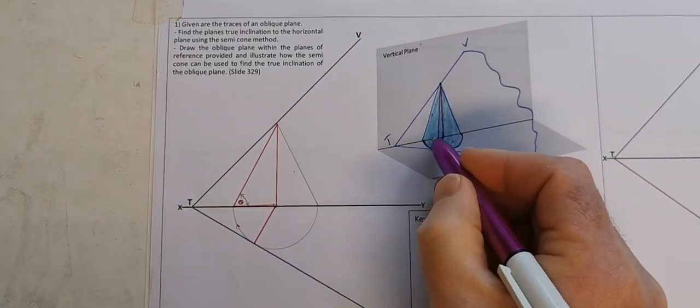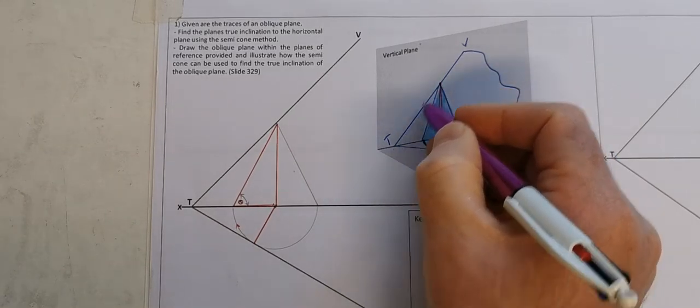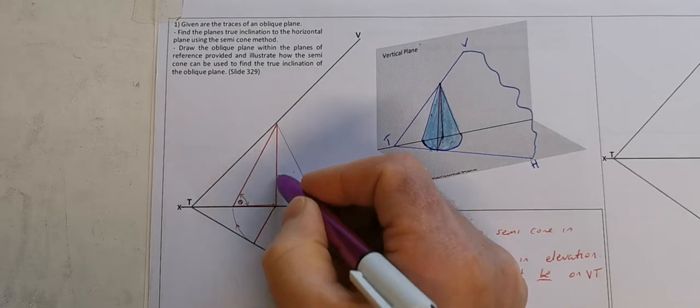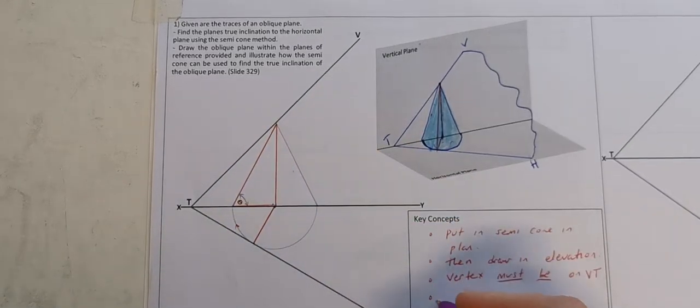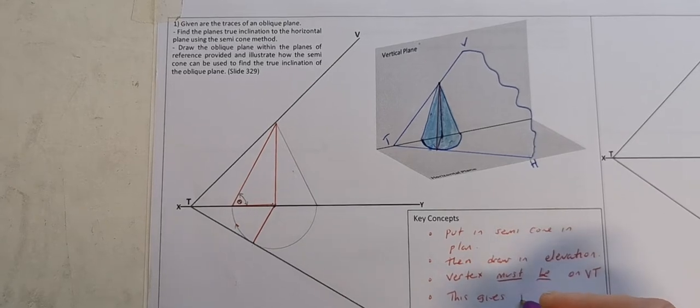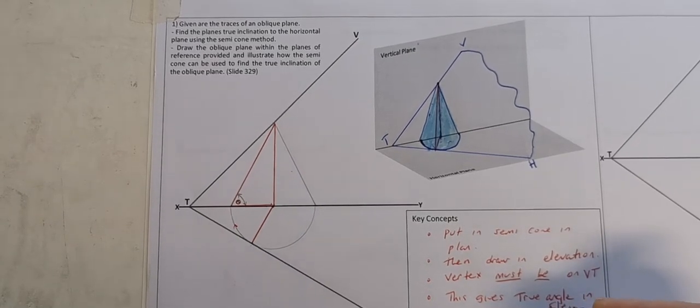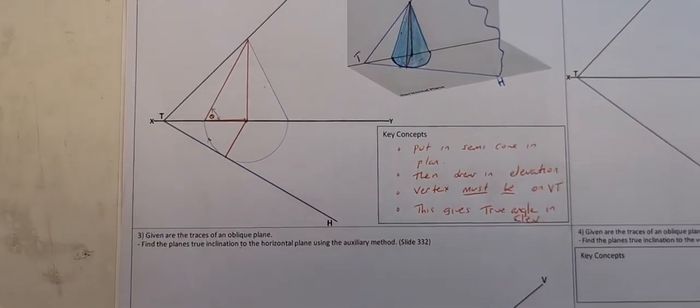So once you make the cone in the elevation with the vertex on the trace, just straight up from the center, this gives the true angle in elevation. Okay, so I'm going to move on there. I should have stuck that in at the end of the last video.